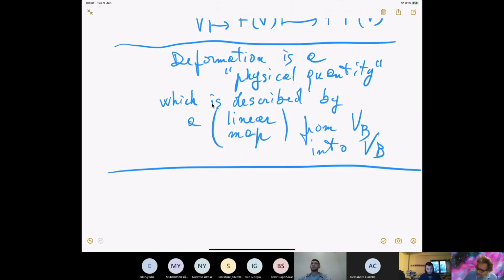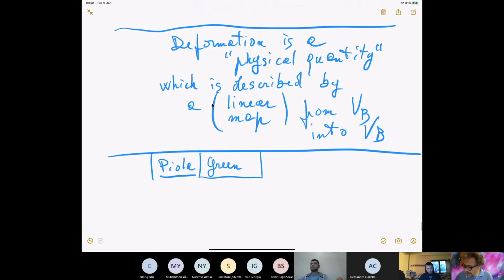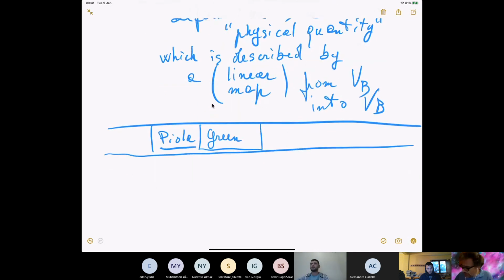Now historically, as I told you, I think that Piola understood this first. In the literature, this is said to have been understood by Green. In this context, who did it is not relevant.